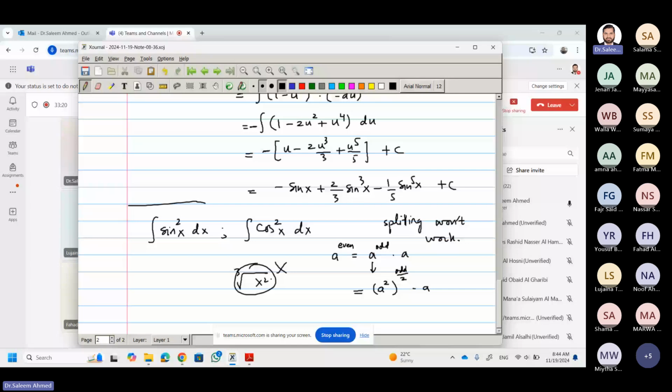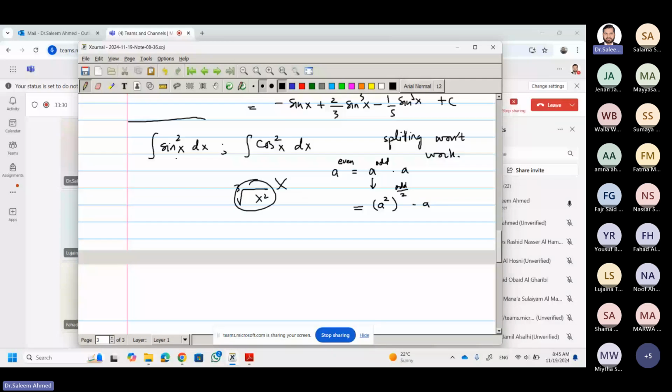So that's why, for even powers at least, I have something to do. What is that? For even powers, I have half angle formulas. Sine square x is 1 minus cosine 2x by 2, and cosine square x is 1 plus cosine 2x by 2.